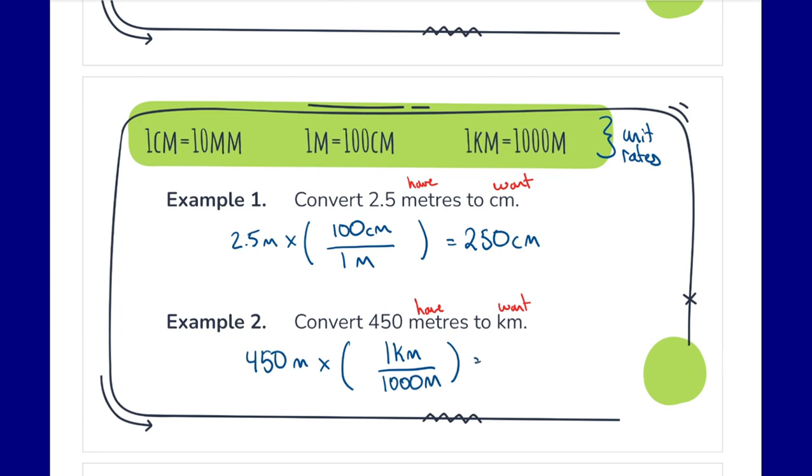This is just a calculation. 450 times 1 divided by 1,000, we get 0.45 kilometers. And that's essentially what unit analysis is, using it to convert between units.